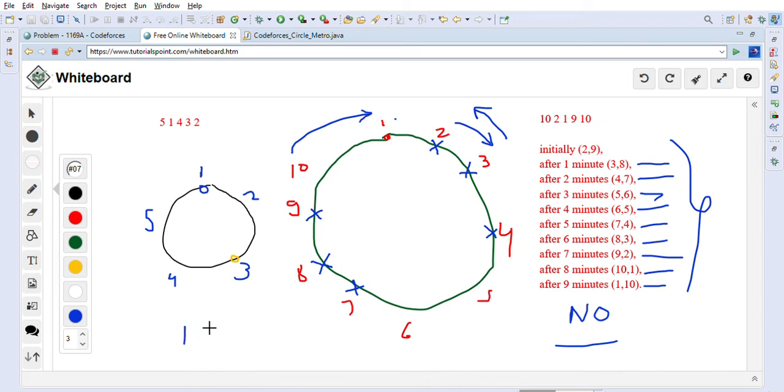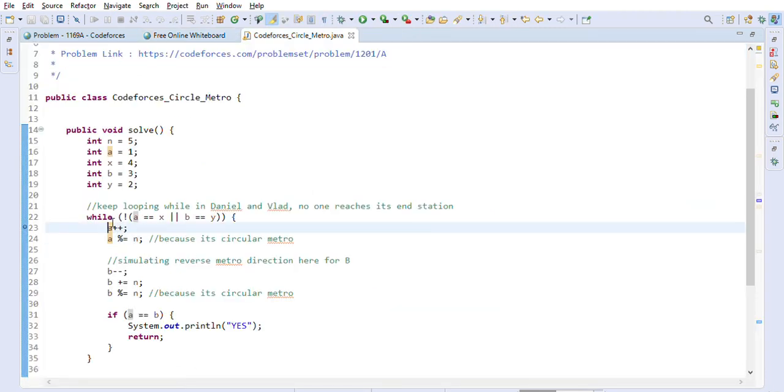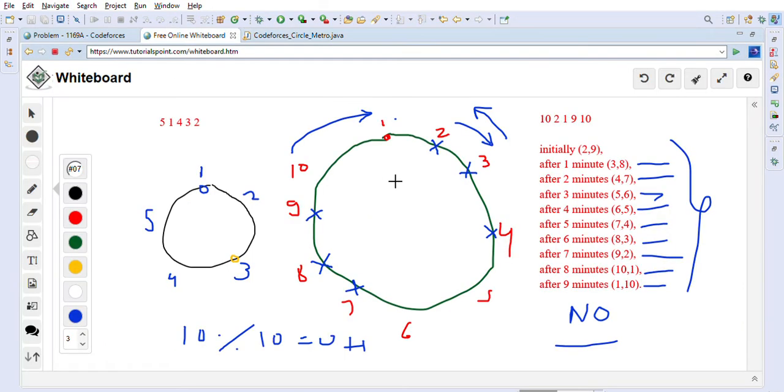So in that case we do 10 mod 10, which is equal to 0, and then 0 plus 1. So that's what we are doing here. We first increment, adding 1, and then we do mod, right? Similarly, this is the forward direction, which is this direction, when you are going this way.